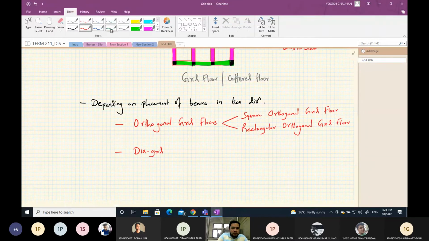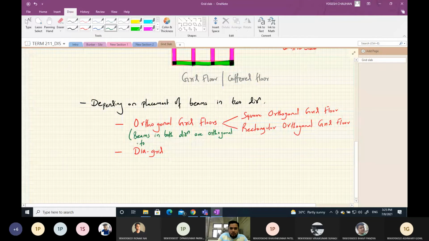In an orthogonal grid floor, beams in both directions are orthogonal to each other. Orthogonal means perpendicular to each other.